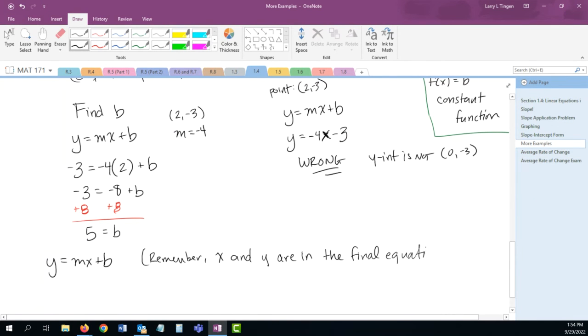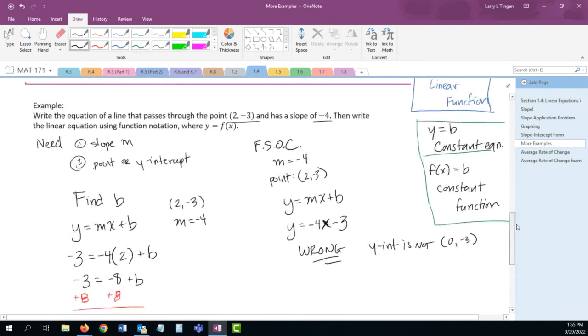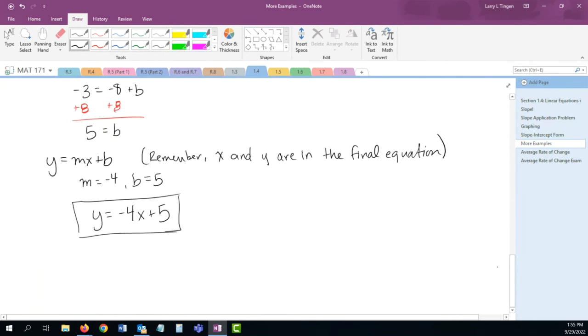Do not plug in numbers for x and y here. Just plug in the slope and the y-intercept. And I know those to be what? I know the slope is -4 from above. I know the y-intercept, I know b is 5. So that means my equation is y equals -4x plus 5. And there is the equation of the line that passes through the point 2, -3 with a slope of -4.